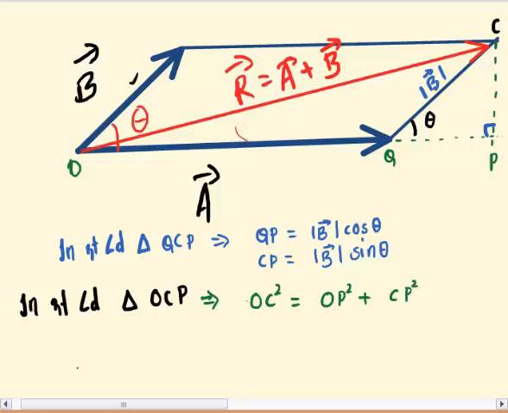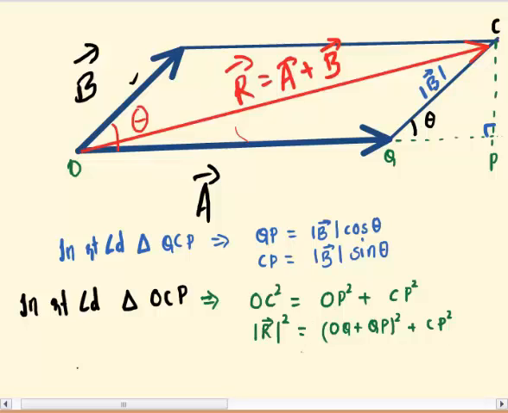Now, OC square happens to be the length of the diagonal, which can also be represented by modulus of R or modulus of A plus B, so square of that. It's equal to OP square. OP can be written as OQ plus QP, whole square, that is for OP, and CP square.